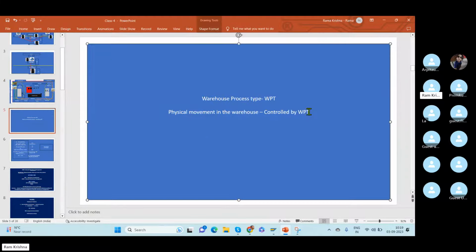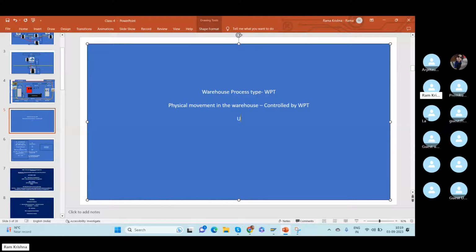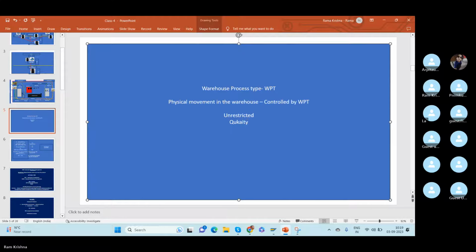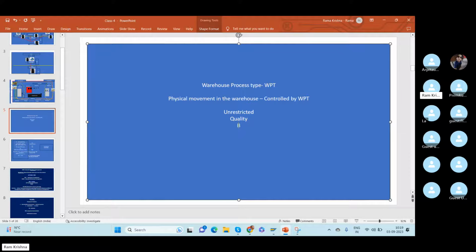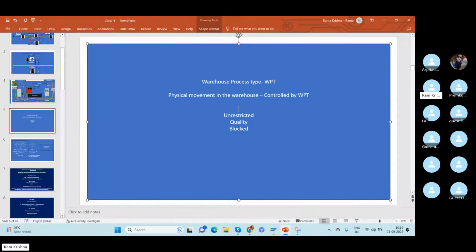You normally have three types of stocks in the warehouse, generally: unrestricted stock, quality stock, and blocked stock. There are three stock types generally. In SAP, you need to learn these three stock types.